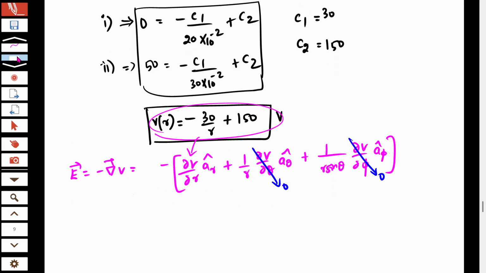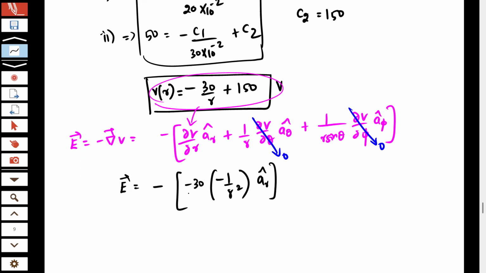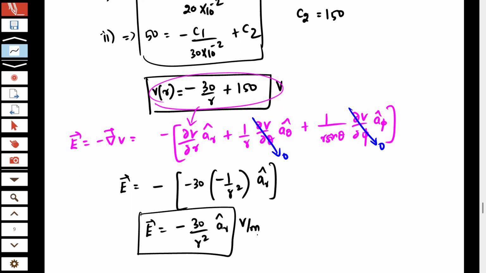Those two differentiations will be 0. So now your electric field intensity vector is going to be minus differentiation of this with respect to R. That is minus 30. 1 by R differentiation is going to be minus 1 by R square and plus 150. So differentiation of 150 is 0. A R cap. Thereby, electric field intensity vector E can be given as minus 30 by R square A R cap, and this has to be written with the units volt per meter.